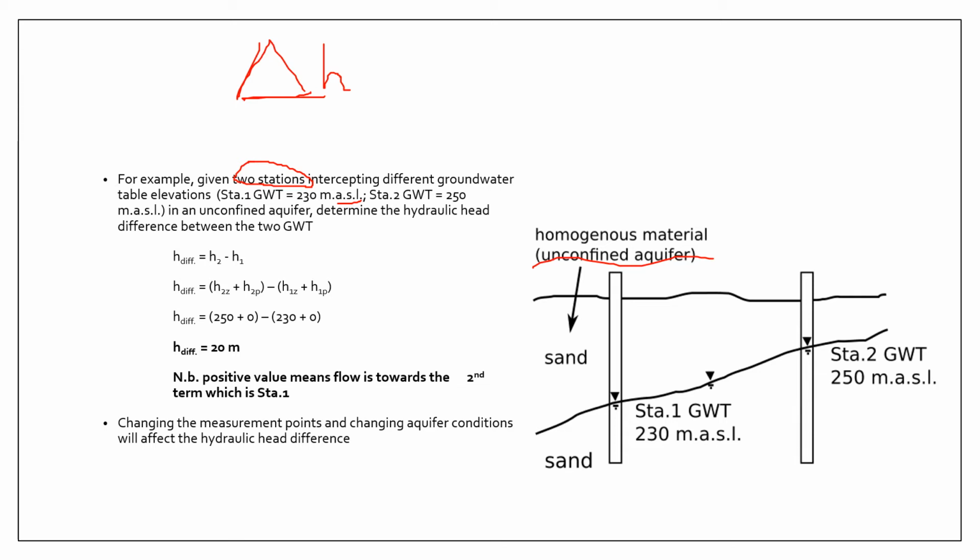Please be familiar with these terms, as you will be encountering them a lot once you start working in the geotechnical and hydrogeological field. Anyway, going back, station 2 has a groundwater table level of 250 meters above sea level. So station 1, 230, station 2, 250.